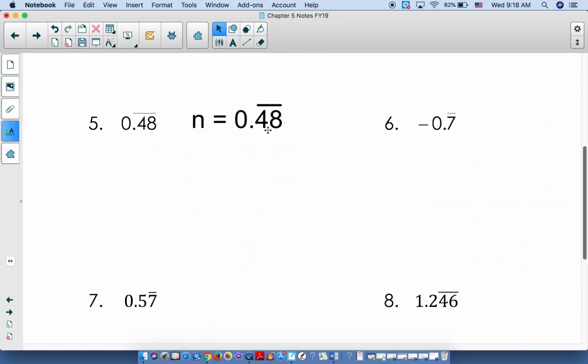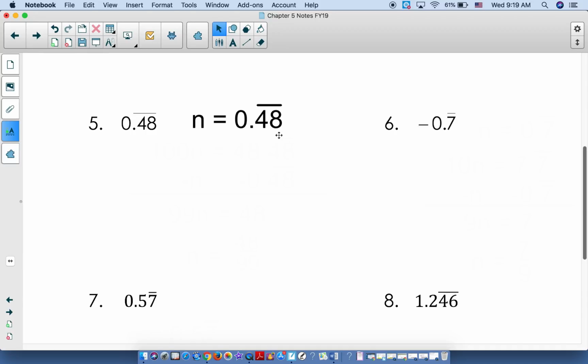So I have to think to myself, what can I multiply 0.48 repeating by so that the repeating digits can be on the other side of the decimal. And the reason why I want that is because when I write fractions, I don't have decimals in my fractions. So I want the 4 and 8 to be on the other side of the decimal. And if you think about it, I can multiply this times 100.